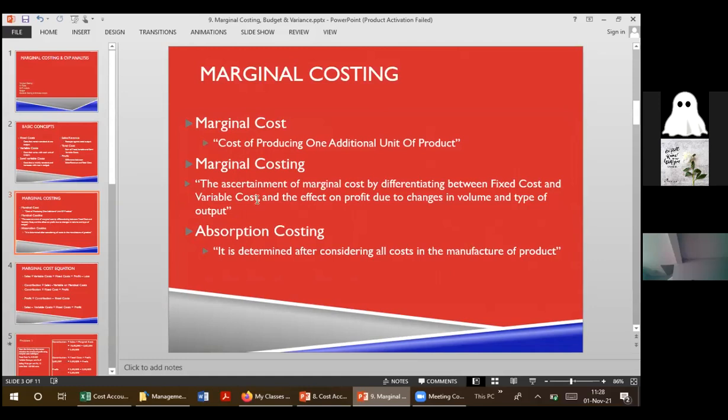It is the ascertainment of marginal cost by differentiating between fixed cost and variable cost and the effect on profit due to change in volume and type of output. Similar to economics, we will study the change in output versus the change in fixed and variable costs. That will help us find out what the marginal cost for our product is at a particular level.